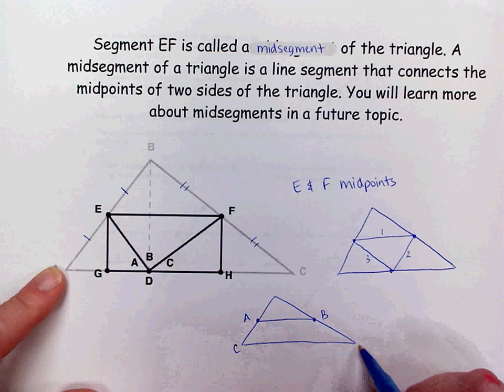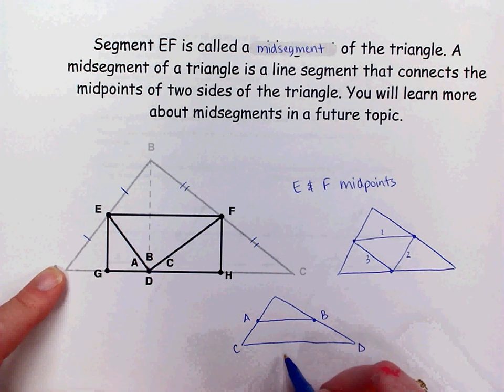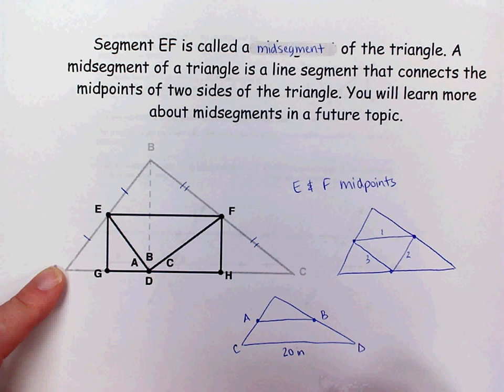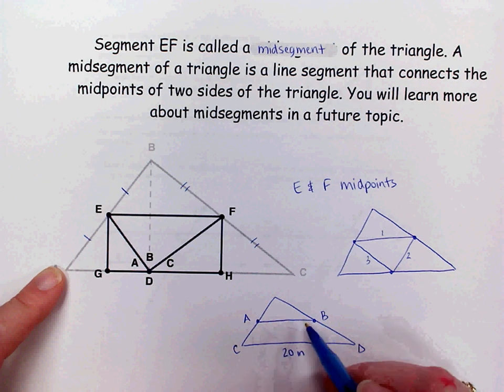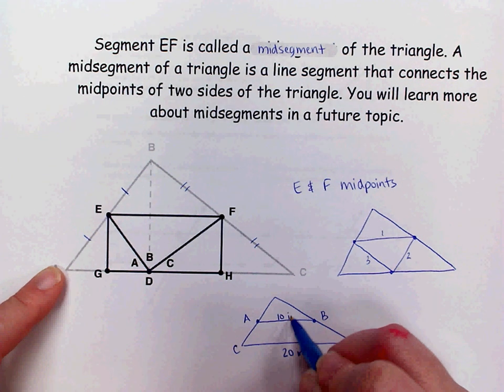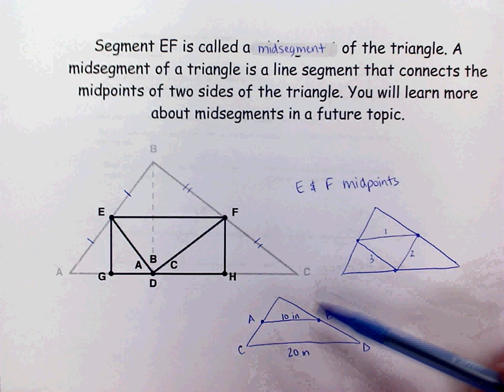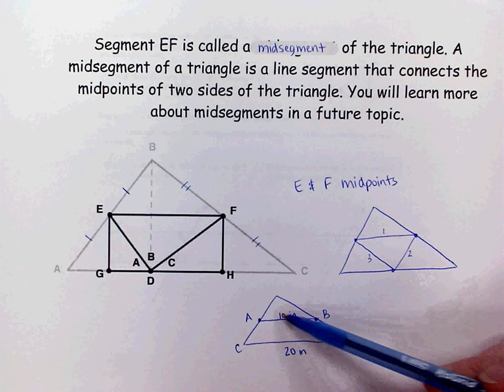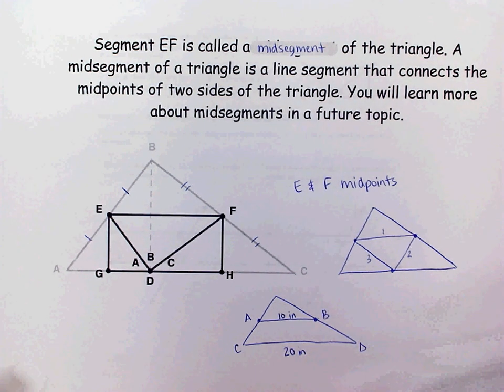So if I told you that the length from C to D is 20 inches long, you would know the length of A to B is half of that. It is 10 inches long. That's the relationship between the mid-segment and the side that it's parallel to.